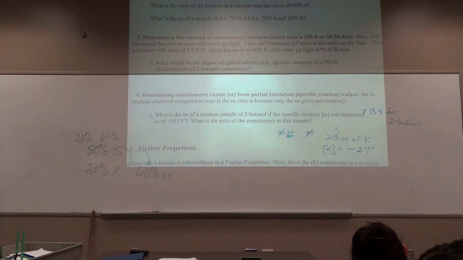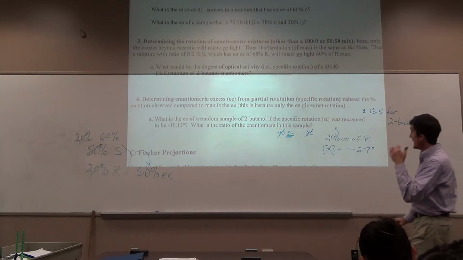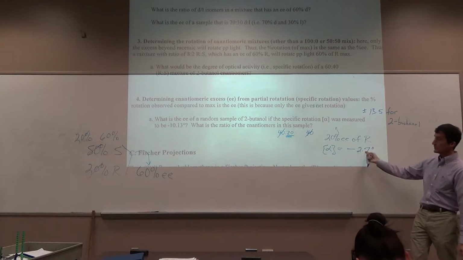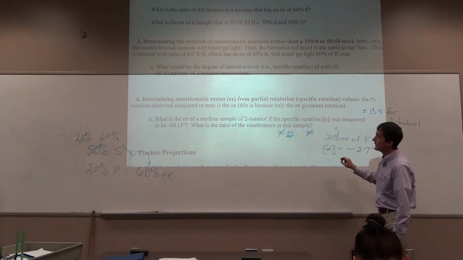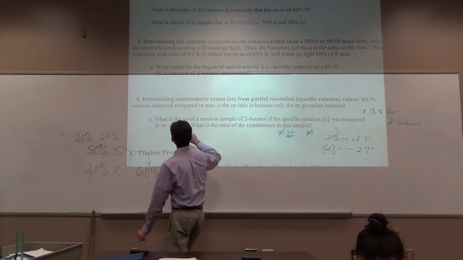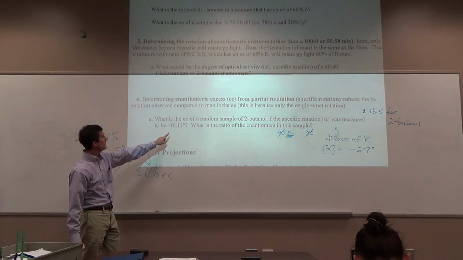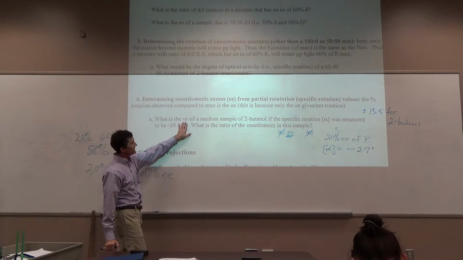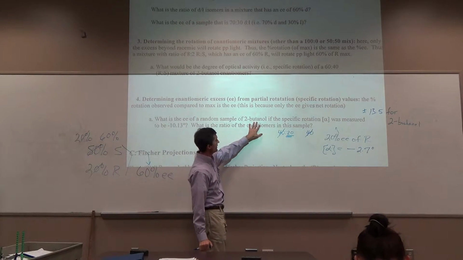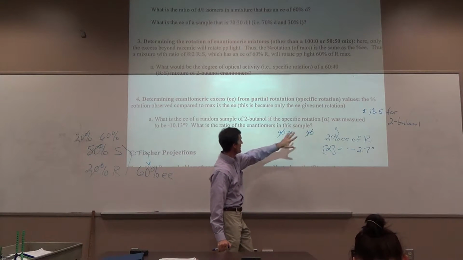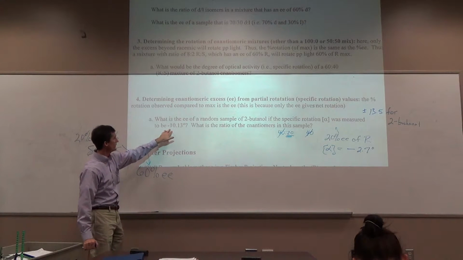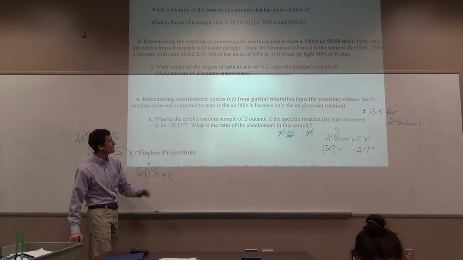Now we can go backwards here, and from this type of number we can determine the ratio. Let's try that here. What is the EE of a sample of 2-butanol if the rotation that's measured is negative 10.13?